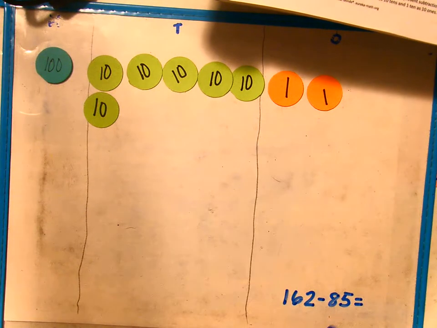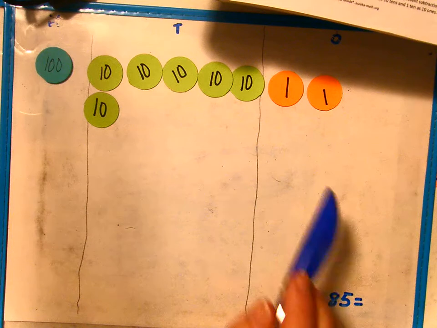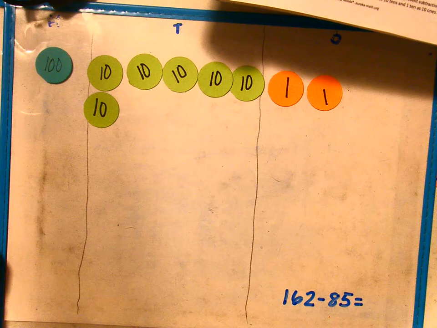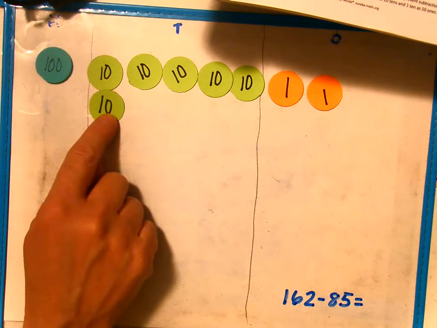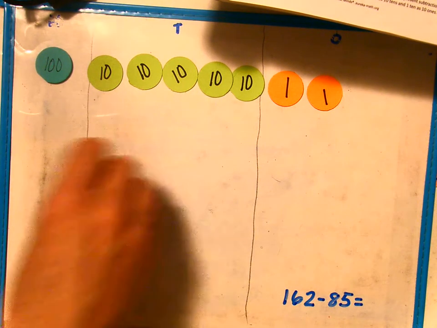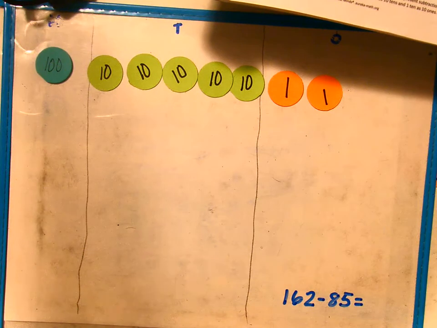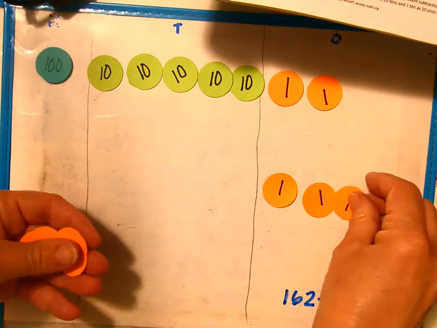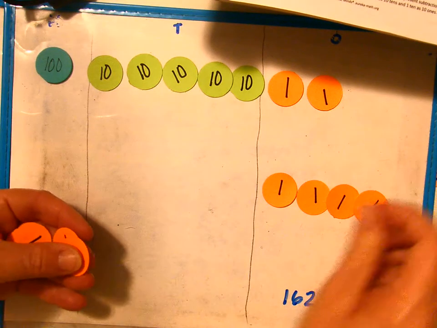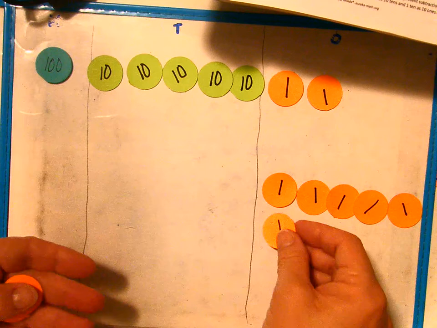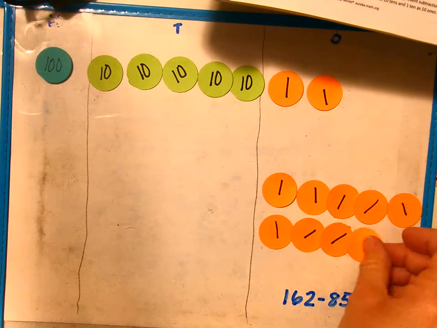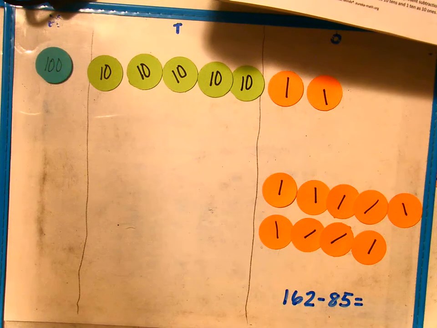So I need to take away 5 ones, but I've only got 2 ones. What are you going to do? Unbundle. 1, 2, 3, 4, 5, 6, 7, 8, 9, 10.